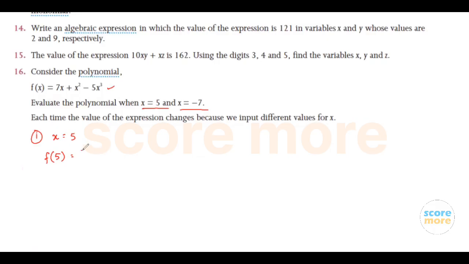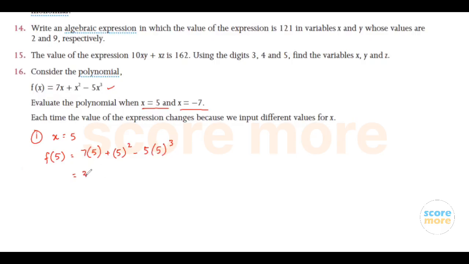So the expression is 7x plus x square minus 5x cube. In place of x, replace the value of x as 5: 7 into 5 plus 5 square minus 5 into 5 cube. Isn't it?